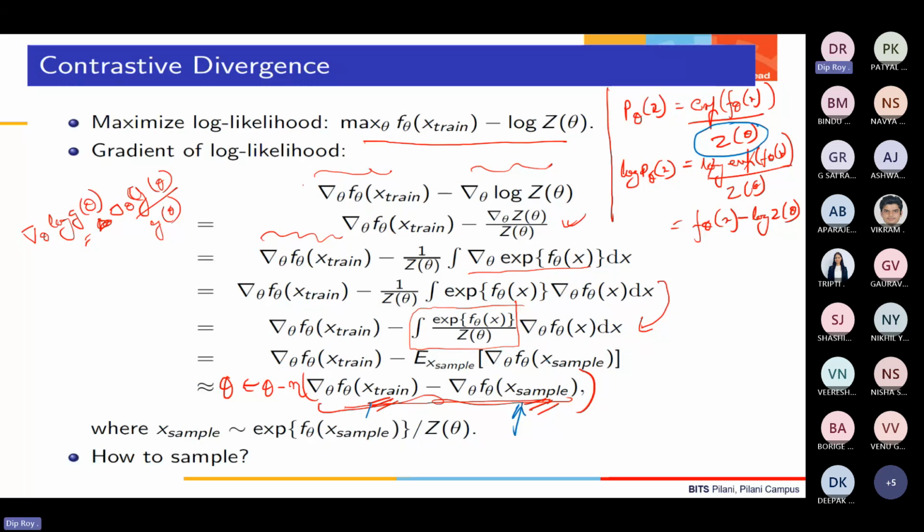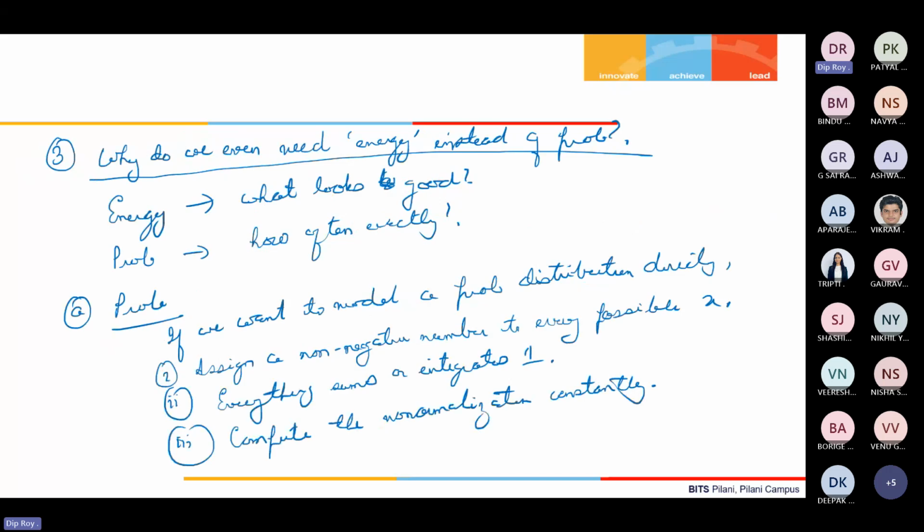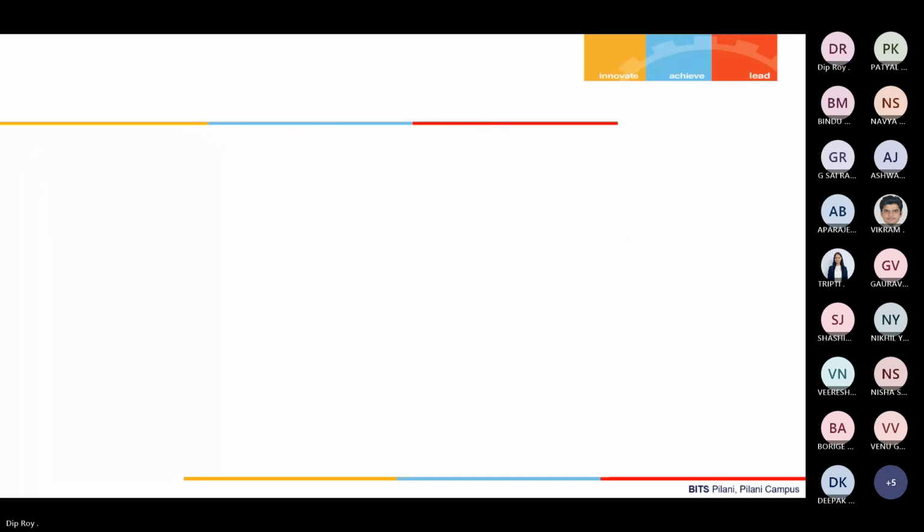This is the thing that we are going to discuss now. Okay. All right. So before we discuss this, how many of you know about MCMC, Markov chain Monte Carlo sampling?